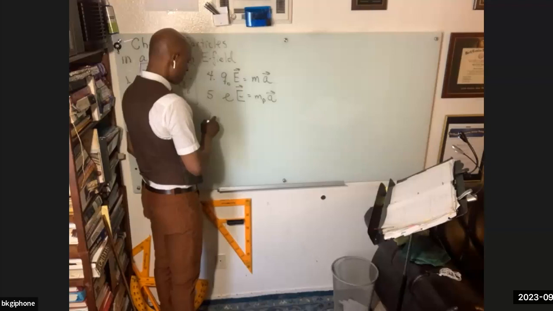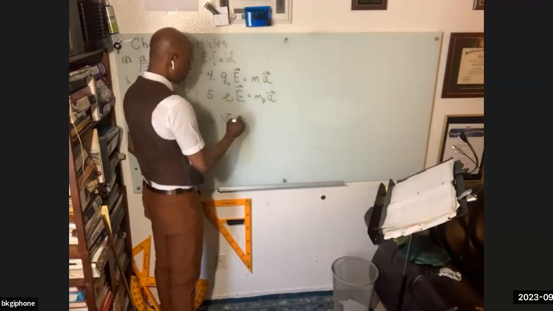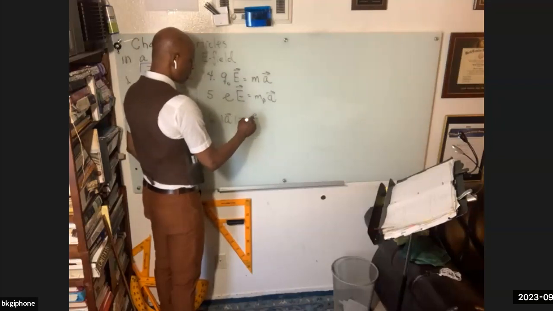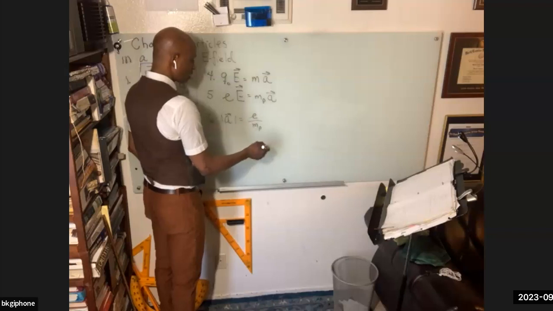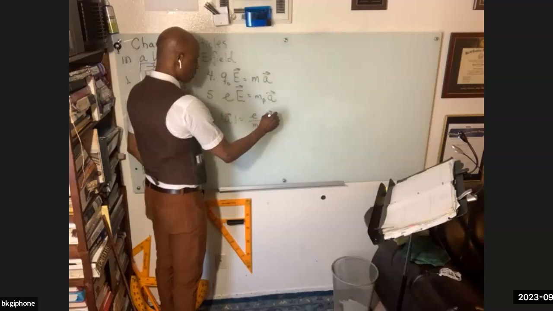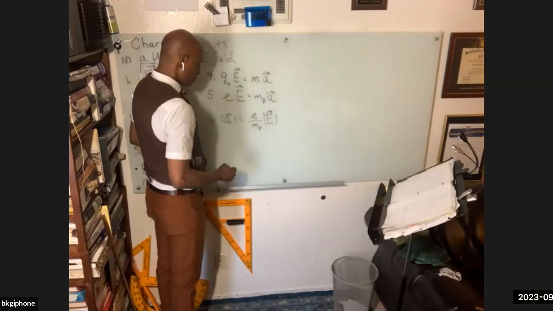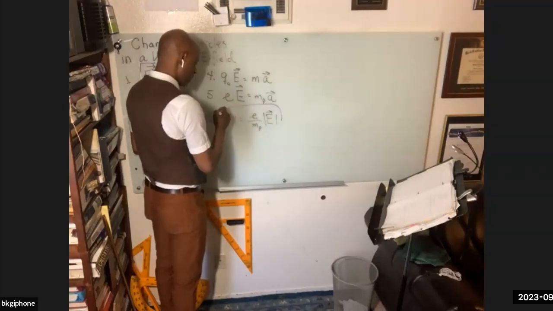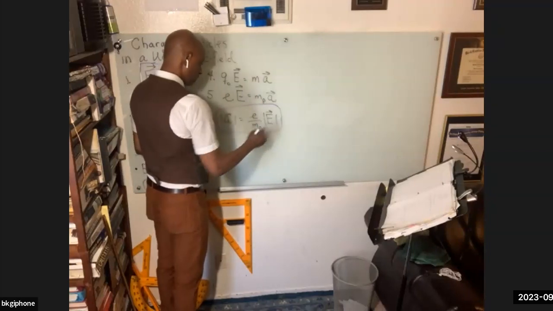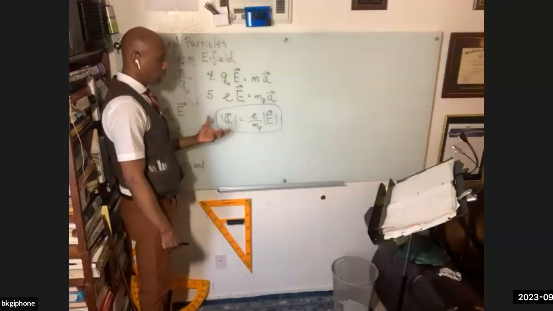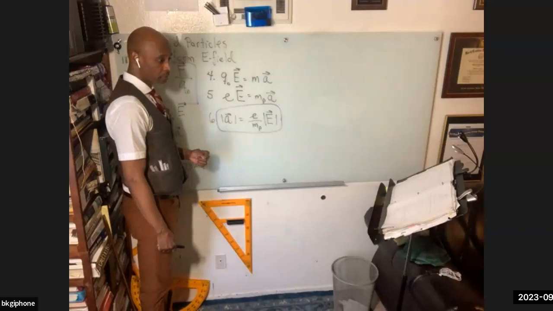Taking the absolute values, the acceleration of that particle would be equal to the charge divided by the mass, the ratio of charge to mass, times the value of the field. So equation 6 would give us the value of the acceleration of a charged particle, in this case the proton, in a uniform electric field.